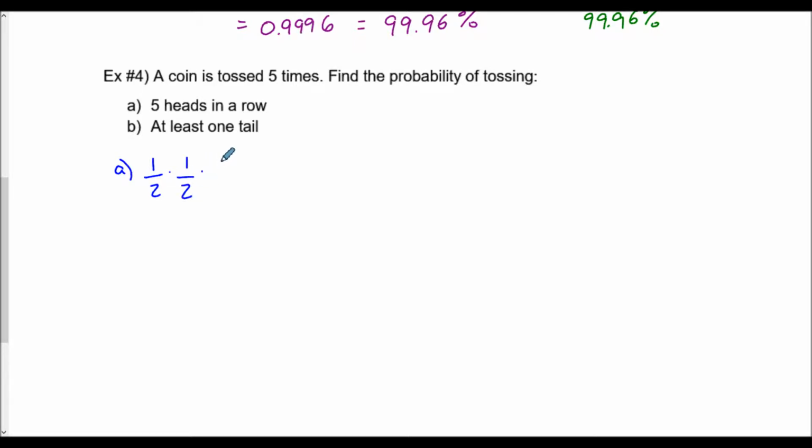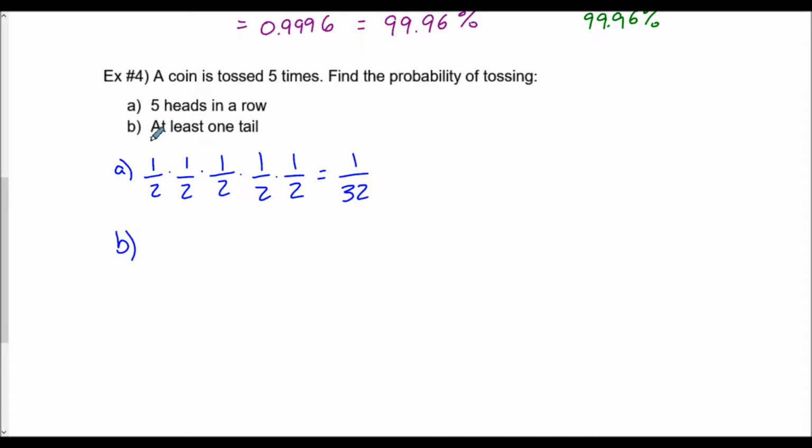The third one? 1 out of 2. These are independent events. They are situations where one thing does not have a bearing on the second, doesn't have a bearing on the third, the fourth, or the fifth. You multiply it out, you get 1 out of 32.